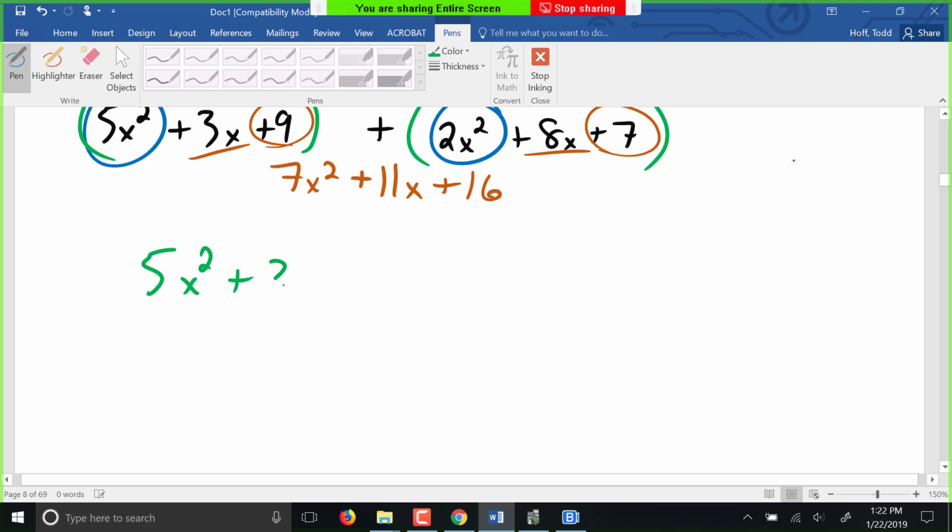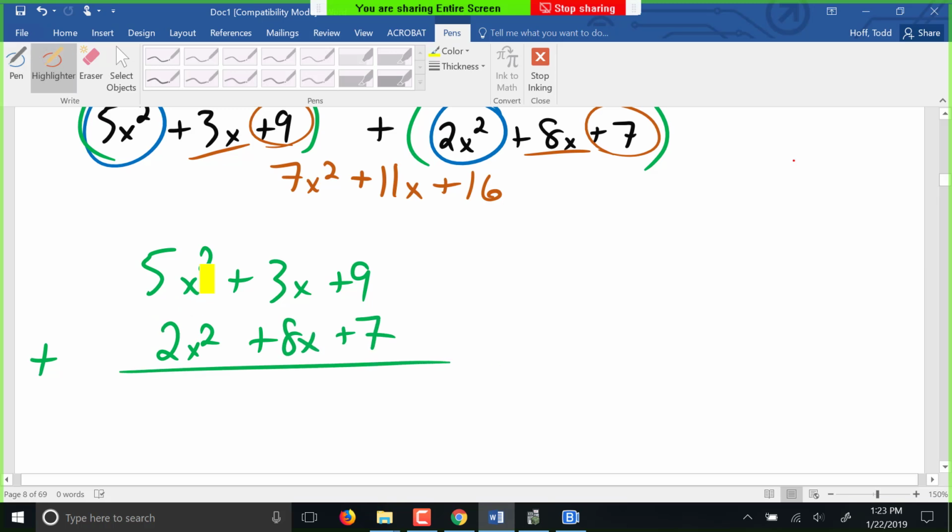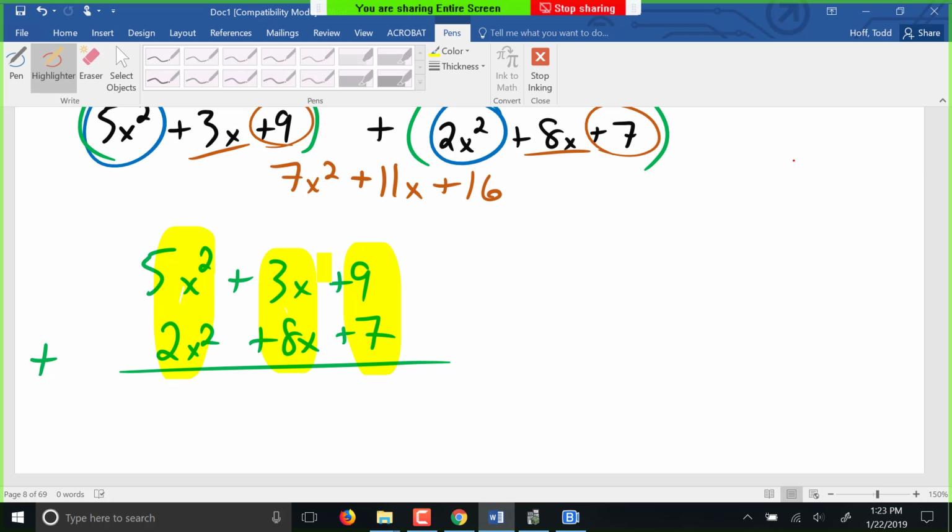We have 5x squared plus 3x plus 9 plus, I'll put it off to the side here a little more, 2x squared plus 8x plus 7. We've lined up the x squareds with the other x squareds, the x's with the other x's, the ones with the other ones, because when we add or subtract, we only combine things with the same place value, just like lining up the columns with our whole numbers. And now it doesn't matter whether we start on the right or the left.